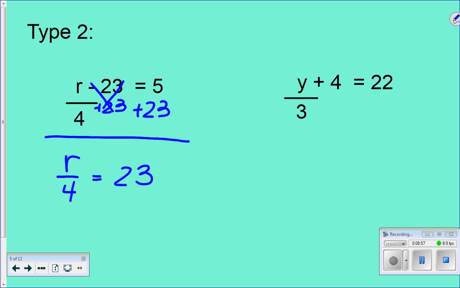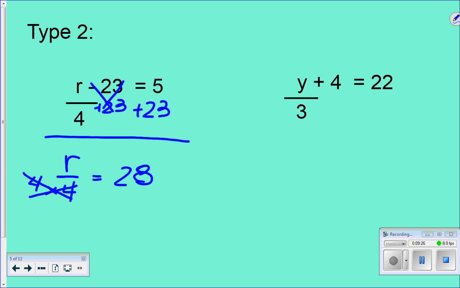Now before I do anything, what do I have to do to cancel out that 4? Okay, time out. If I have something divided by 4, I have to get rid of this, because if I'm dividing here, what do I have to do? The opposite. I have to multiply to get rid of this. Now it cancels out.